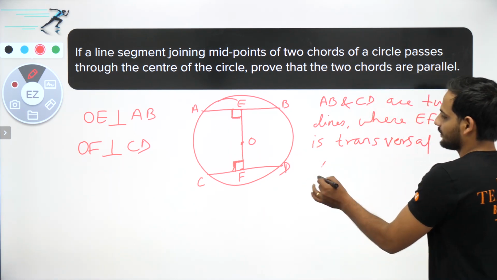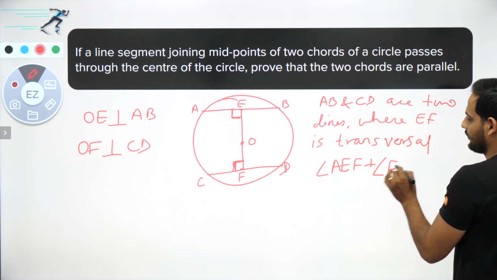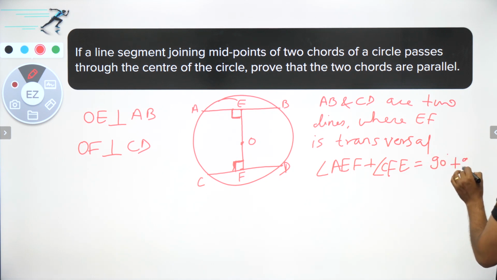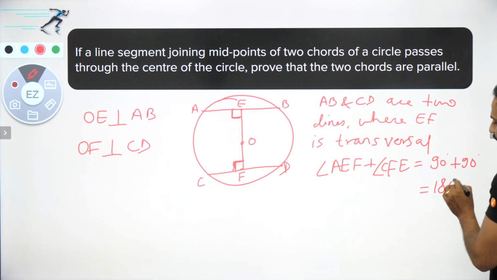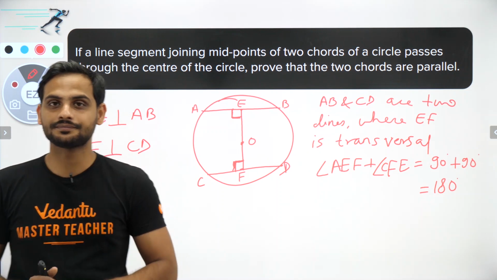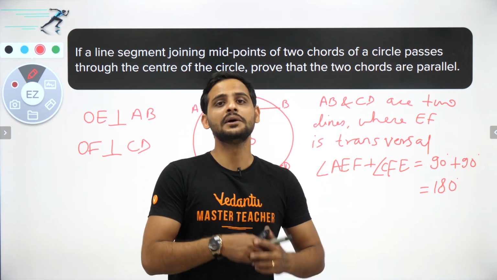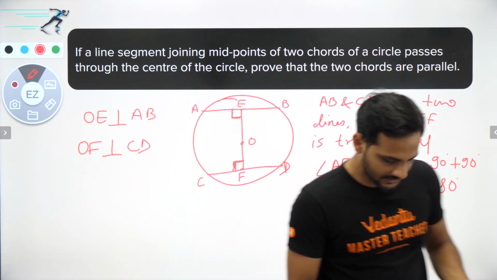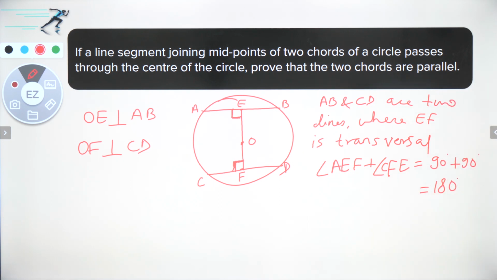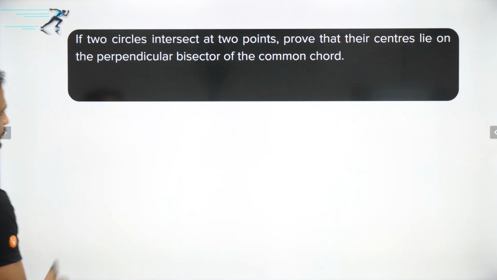So you can see that, sir, angle AEF plus angle CFE is equal to 90 plus 90, which means 180 degrees. So this is the converse theorem of interior consecutive angles. If the pair of interior consecutive angles formed are supplementary to each other, then we can say that the lines will be parallel. Correct? So this is how you can see clearly that the converse theorem has been used here. Okay. So now let's move to the next question. The next question we have is this.